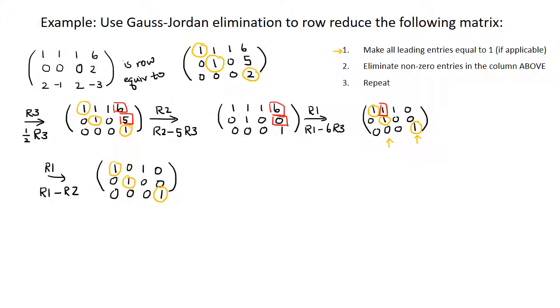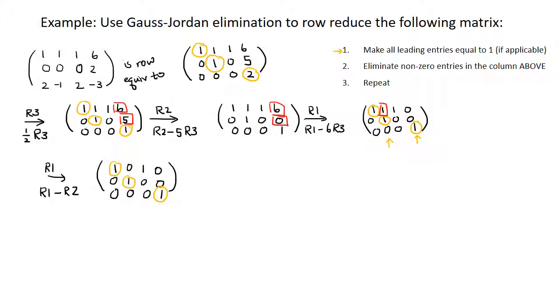And now we can see that all of our leading entries are equal to 1. They're moving to the right, and any column that has a leading entry in it is the only non-zero entry in that column.